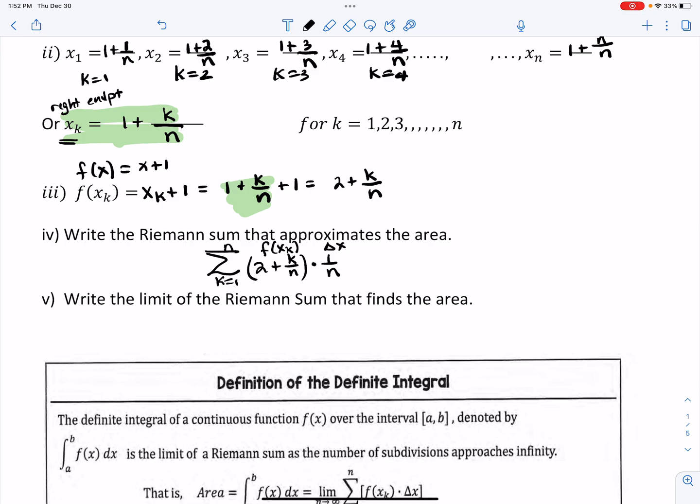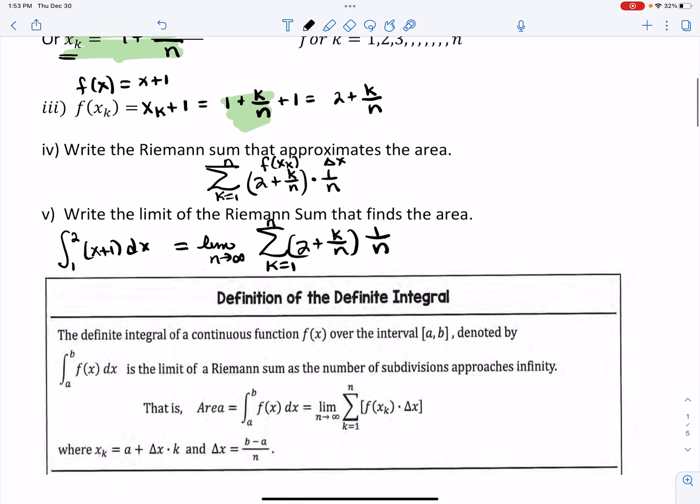And if we want to complete this as a definite integral, the only thing we need to append is the limit in front of it. So it's the limit as n increases without bound of the Riemann sum. And this would represent the definite integral from 1 to 2 of x plus 1 dx.